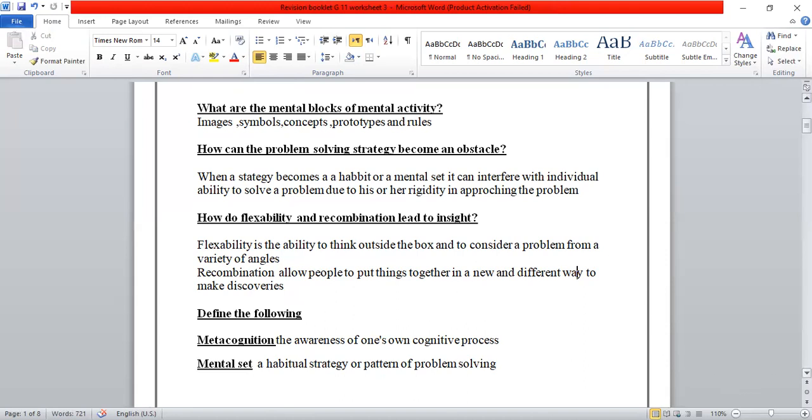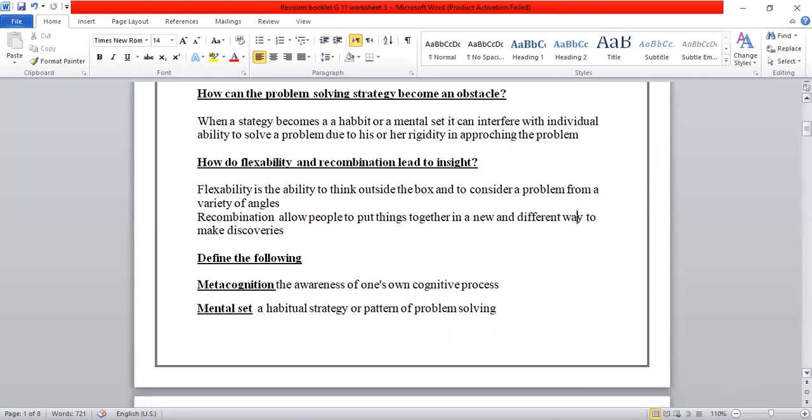Let's dig deep into some definitions. What is meant by metacognition? Metacognition is the awareness of one's own cognitive processes. You are aware of what cognitive skills you have and you use them easily and quickly. Mental set: a mental set is a habitual strategy or pattern of problem solving.